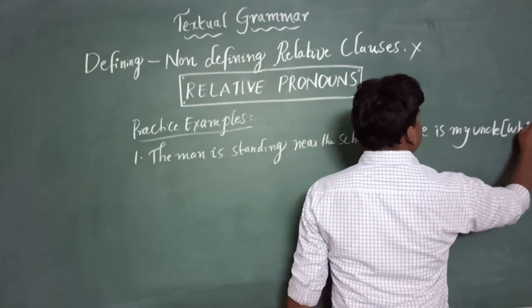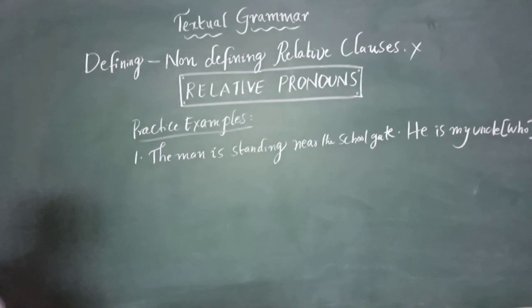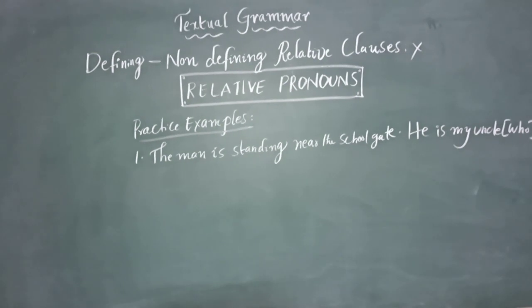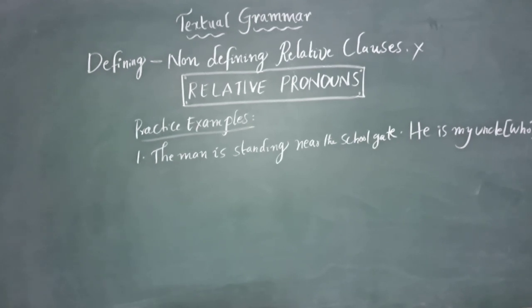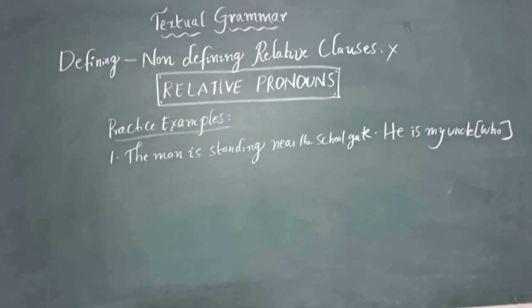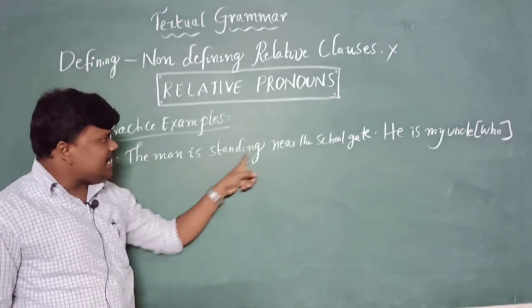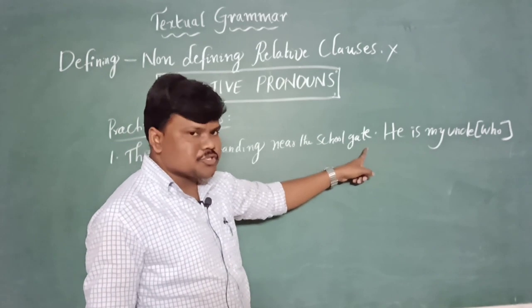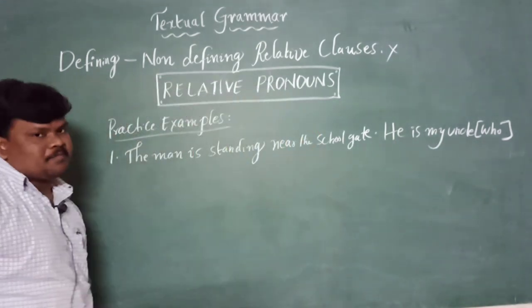This sentence asks us to combine with who. Well, look at the question. The man is standing near the school gate. He is my uncle. We need to combine with who.